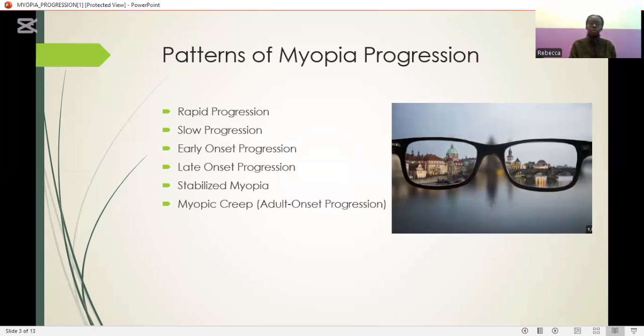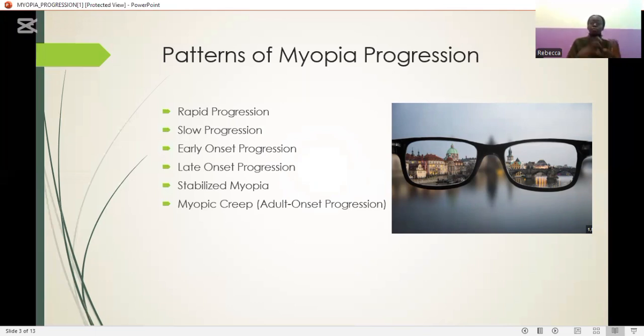So we have patterns of myopia progression. Because I explained that myopia progression is due to the gradual increase of the axial length, causing the image entering the eye to be formed in front of the retina, the progression may occur in different patterns. So we have rapid progression.